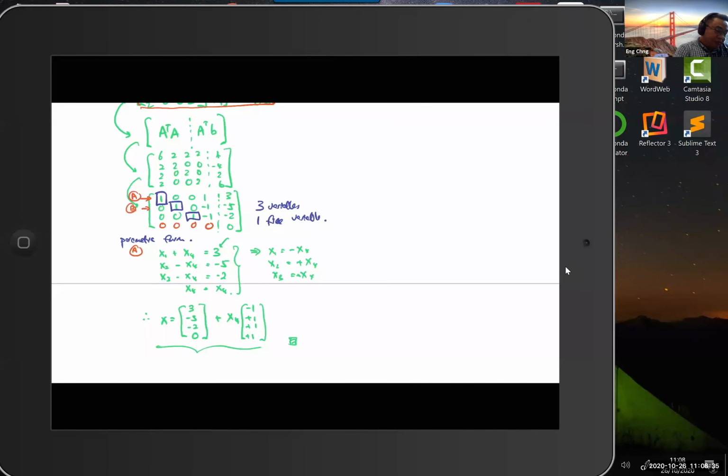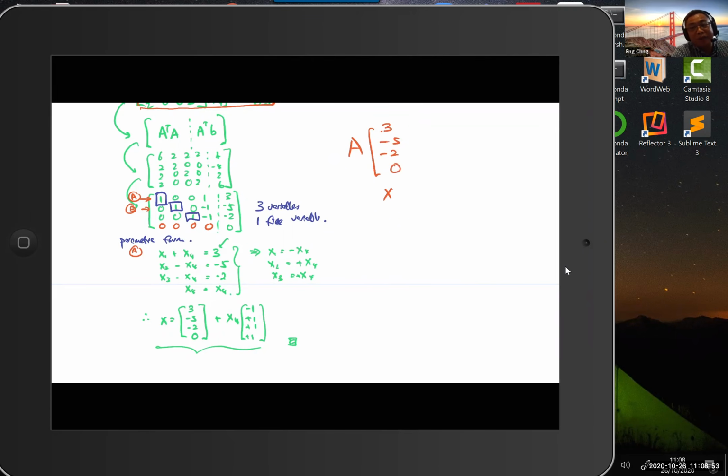Once we have this, then we can still write A. Then of course you will say, what is my solution? Actually, the solution can be 3, minus 5, minus 2, 0.